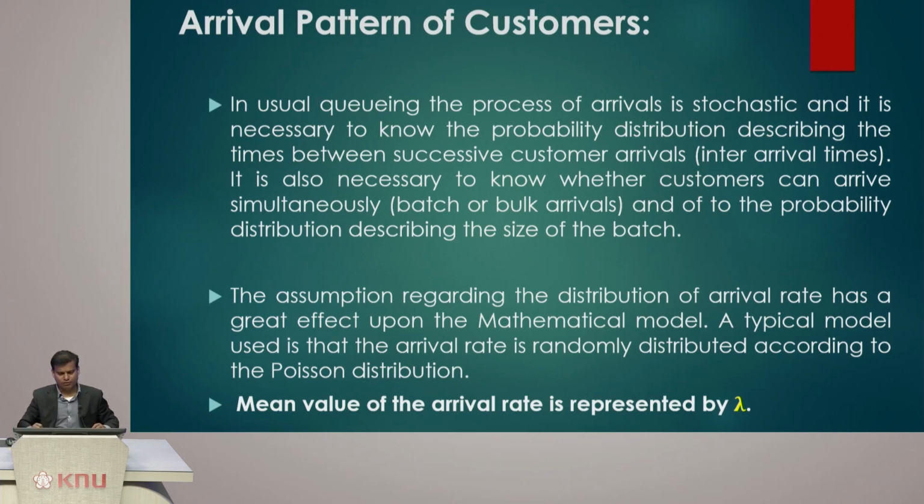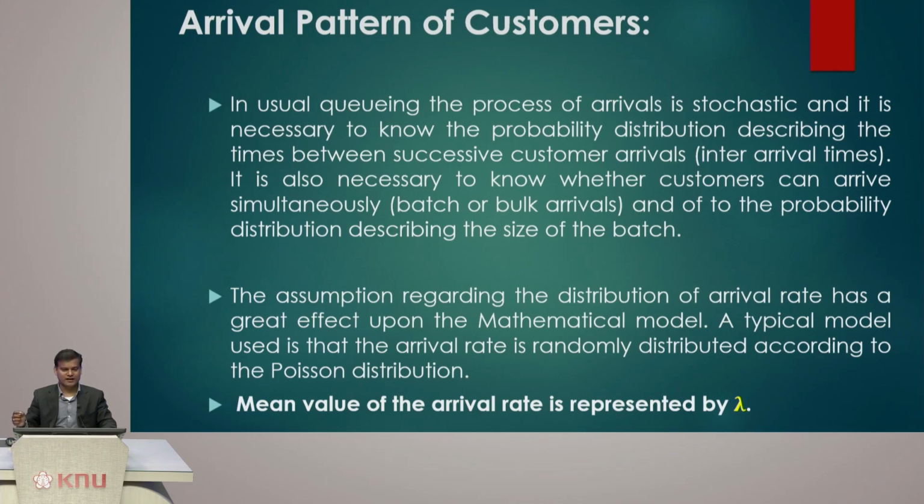So, in the usual queuing process the arrival is stochastic, and it is necessary to know the probability distribution describing the time between successive customers, or inter arrival time. It basically means that, let us say as an example, in a store, the number of customers coming into the store is, for example, 5 per minute.